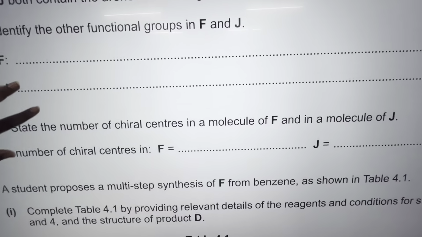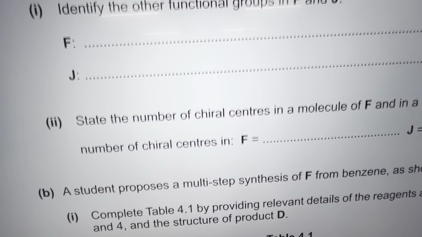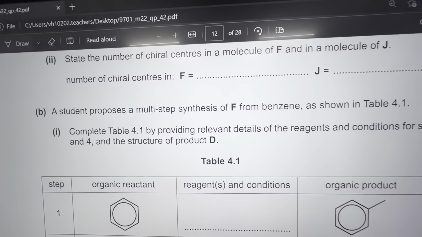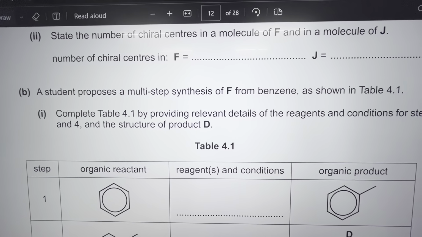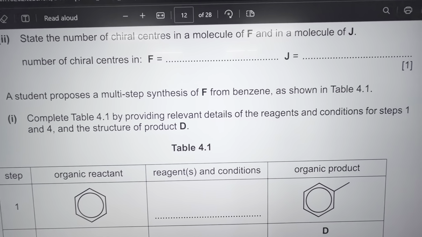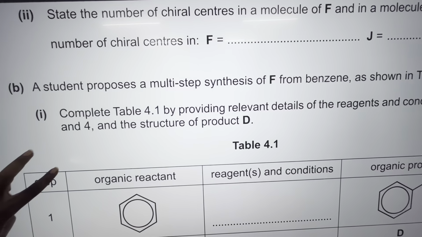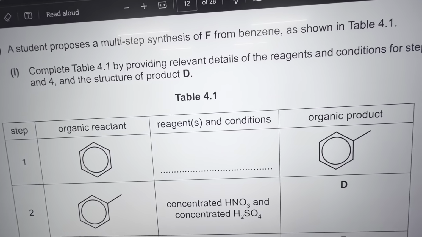Now, next question B: a student proposes a multi-step synthesis of F from benzene as shown in table 4.1. Complete table 4.1 providing relevant details of reagent and conditions of steps 1 and 4. Now they have given an organic reactant, this is the benzene, and they have asked for the reagent and the conditions.